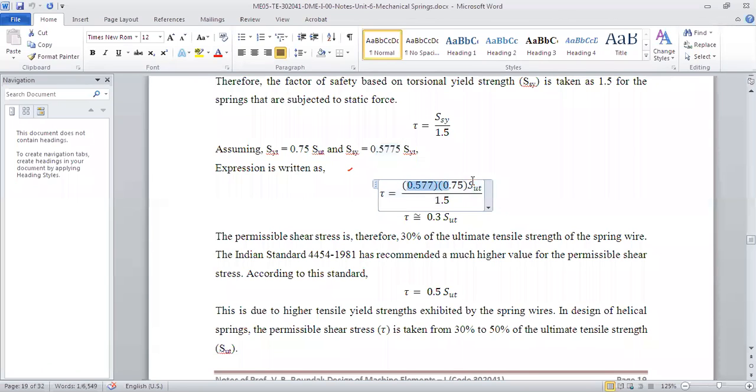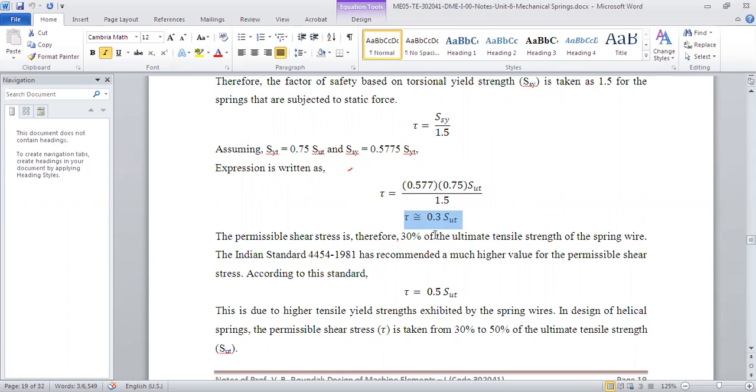In the bottom formula we have taken that. The shear stress is equal to SSY, the allowable shear stress, upon 1.5 because of the factor of safety. SSY is 0.5775 SYT, and SYT is 0.75 SUT. So for our design, we can take the shear stress as 0.3 of SUT.